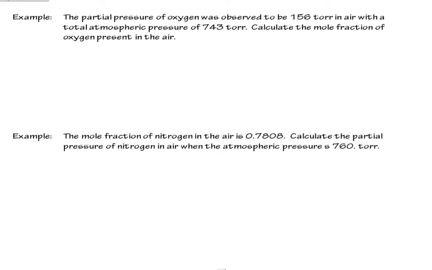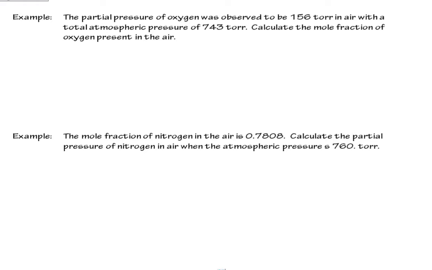So easy. Watch this. Check out the partial pressure of oxygen, observed to be about 156 torr in air, so a mixture of gases. The total atmospheric pressure is 743 torr. Calculate the mole fraction of oxygen present in the air.